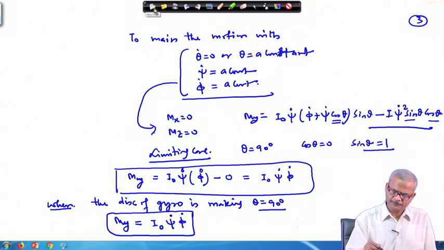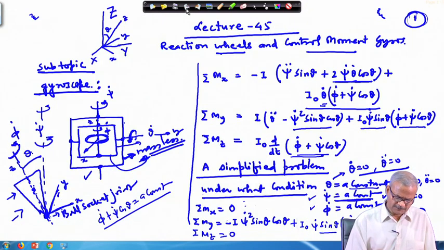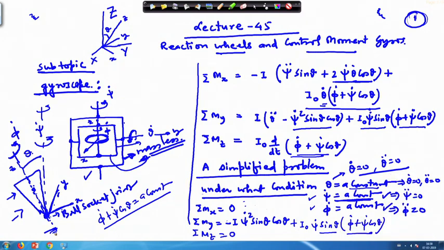Now, we are ready to take the original problem. We wanted to discuss about this problem. So, now we are in a position that we can discuss about this problem.